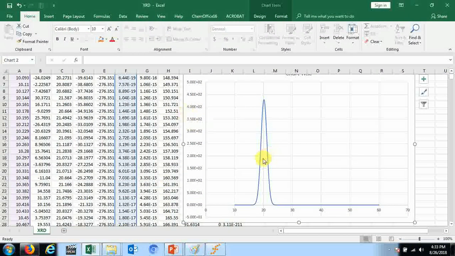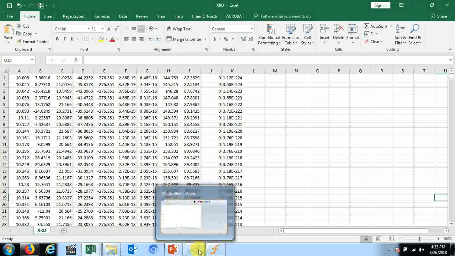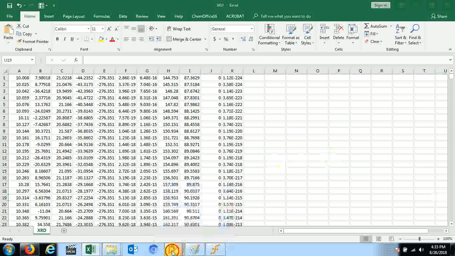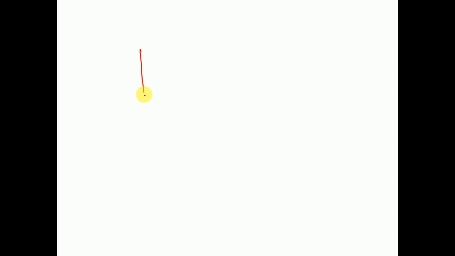What will be the area under this peak? Let me show you. For example, for any graph of y versus x, if this is a graph, then how can we calculate the area under it?